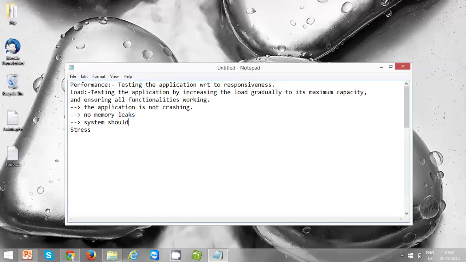System should respond. System is nothing but the application here. It might respond a little slow. The reason is that now the application is loaded with maximum capacity.